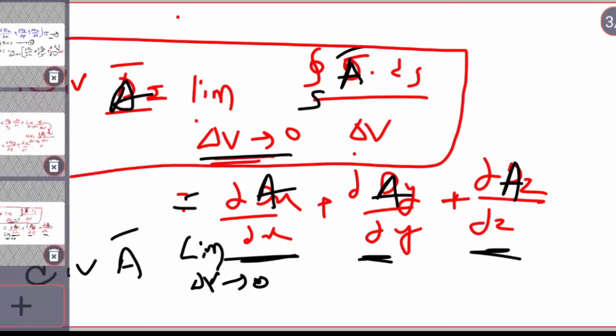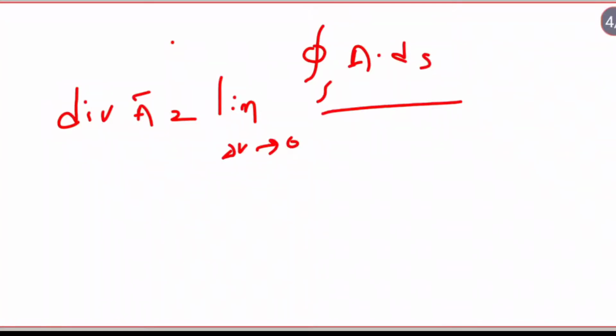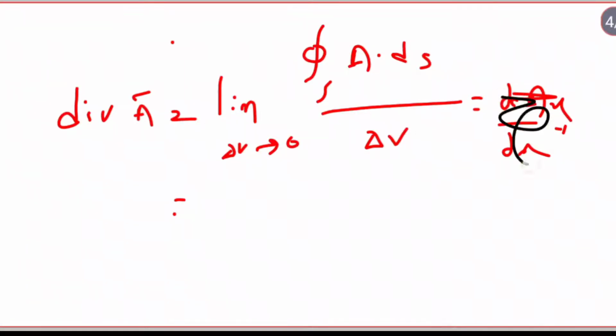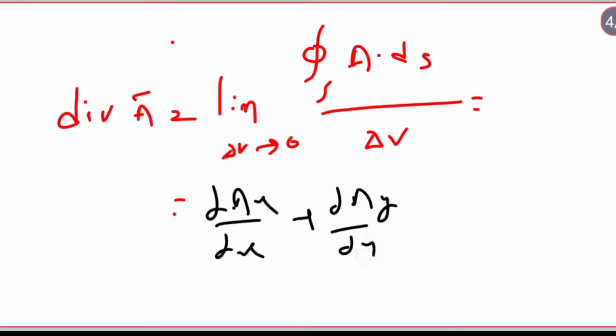Again rewriting that, we can write divergence of a bar, divergence of any vector, that may be electric flux density also, equal to limit delta v tends to 0, surface integral a dot ds divided by delta v, that is equal to dou ax by dou x plus dou ay by dou y plus dou az by dou z.